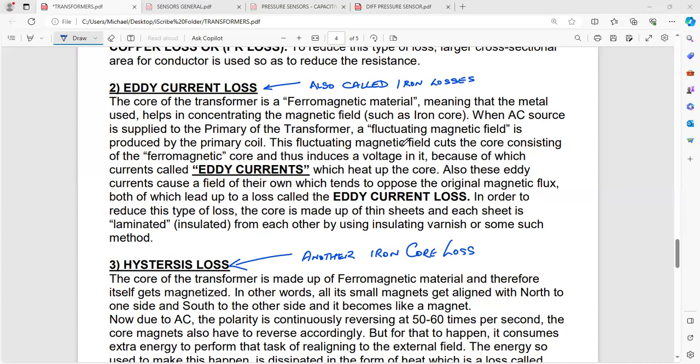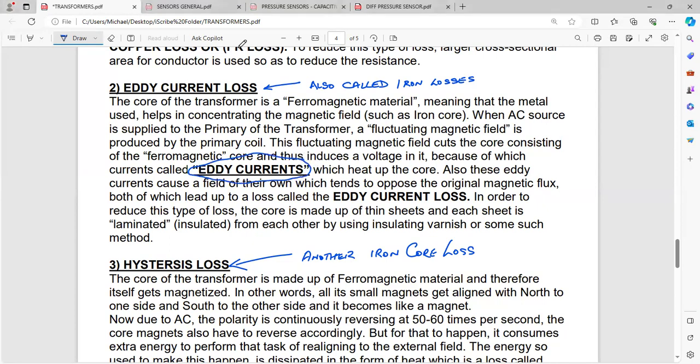Because we are using this soft iron core, we are going to have eddy current loss and hysteresis loss. Eddy current loss is because, being a soft iron core, your primary is going to induce a voltage into that soft iron core, as we saw yesterday in that video. And when voltage is induced, you have currents flowing, and that current is called the eddy currents.